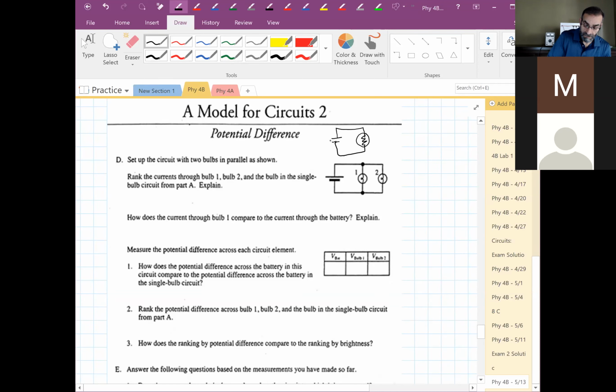Okay, single. And now we have two in parallel. So we're ranking current through 1 and 2. How do the currents compare between bulbs 1 and 2?